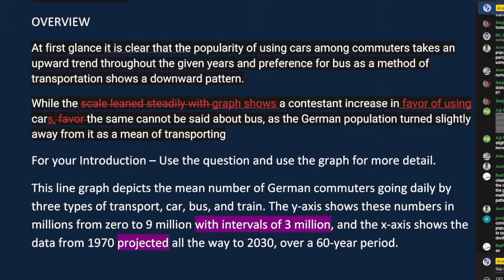So the same cannot be said about bus, as the German population turns slightly away from it as a means of transportation. So again, not turned, but turns, okay, because it's also present and future, turns slightly away from it as a means of daily transport.